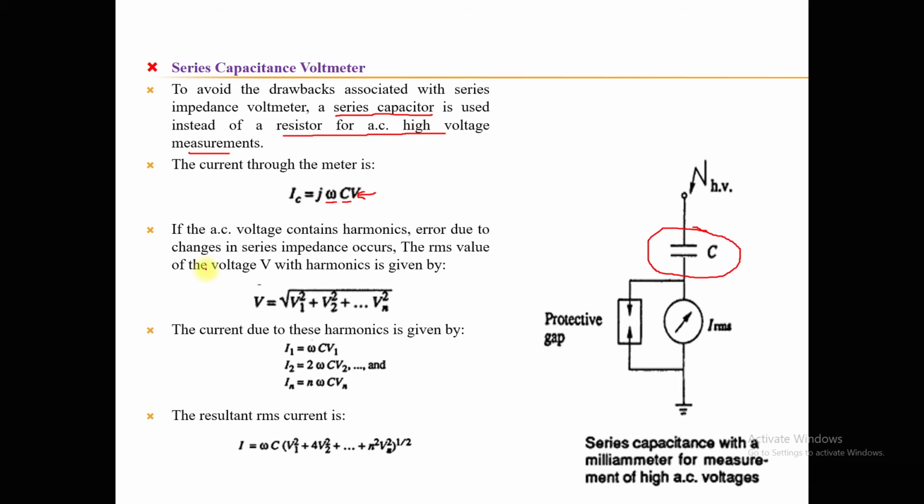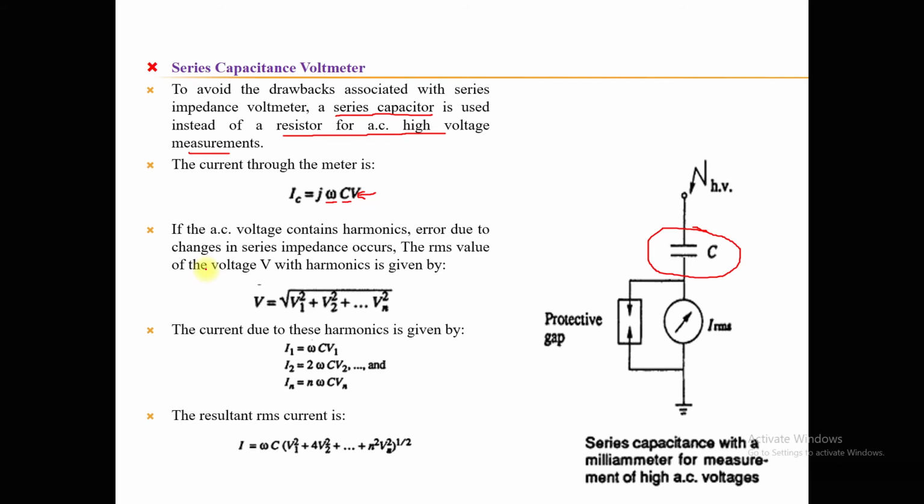This will be the equation of the current when your source contains harmonics. Here you can see that the current value is proportional to the voltage. So once you have the measurement of the current value, by using the equation you can easily calculate the unknown magnitude of voltage.